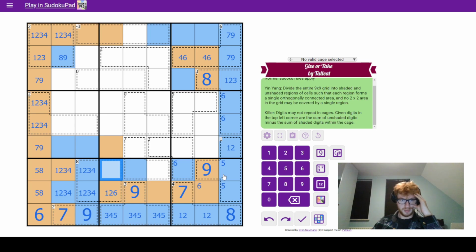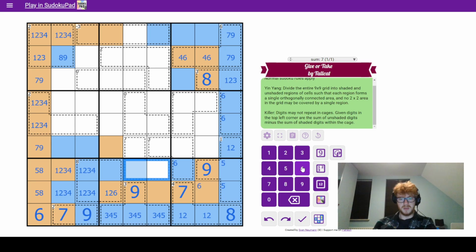What else? Maybe it's the way this 7 cage is built up, because we know 2 blues and an orange. So the blues have to be 7 more than the orange one. And if the orange is 1, then the blues have to be 8. Okay, so what I'm thinking is, could the 2 blues be in here? Because you have this 3, 4, 5 blockage. So it's either 1 and 2, which is not possible here. 6 and 7 creates 3.